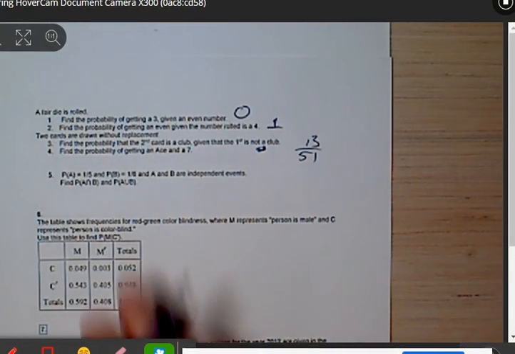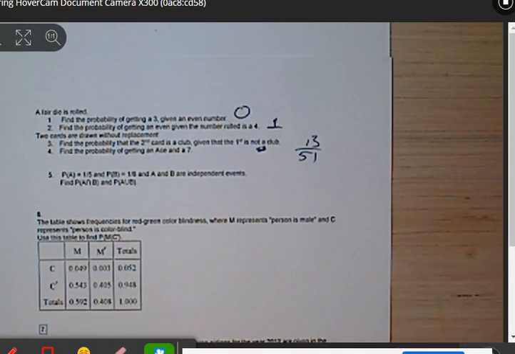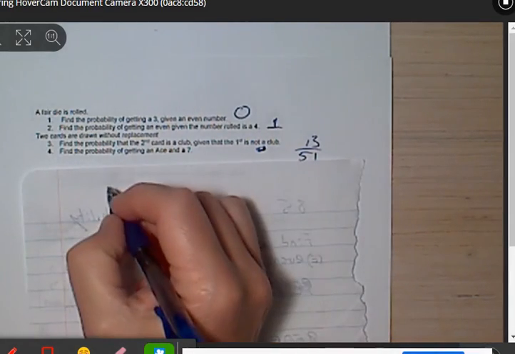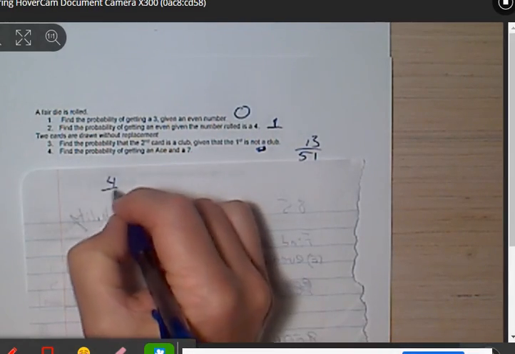And I didn't leave enough room here for this one, so let me do this. So for number 4, we'll look at getting an ace first and a 7 second. If we're getting an ace first, that's 4 out of the 52.